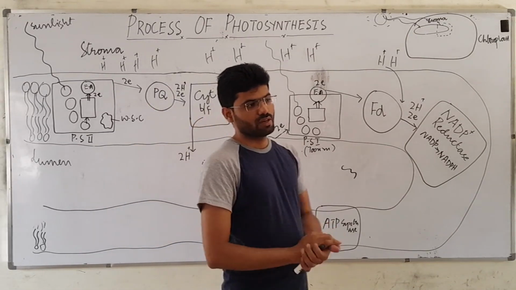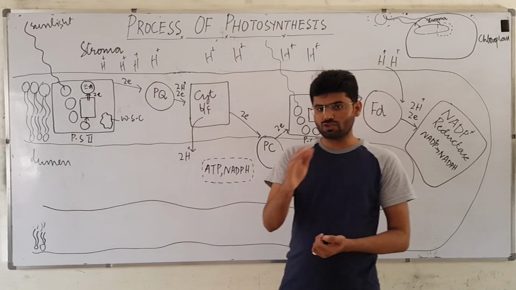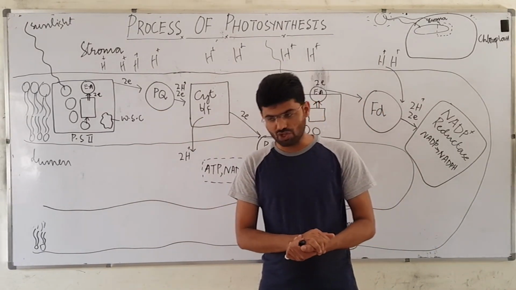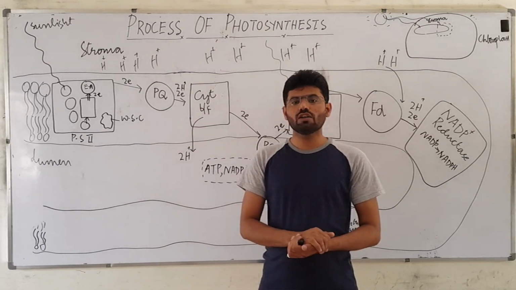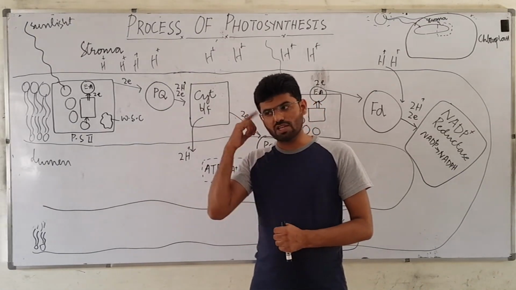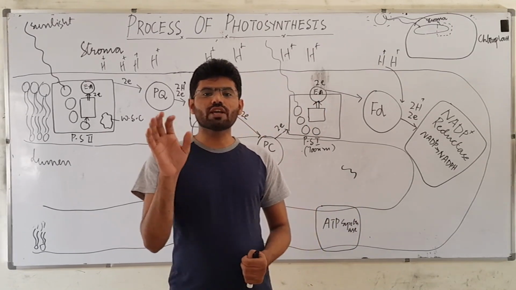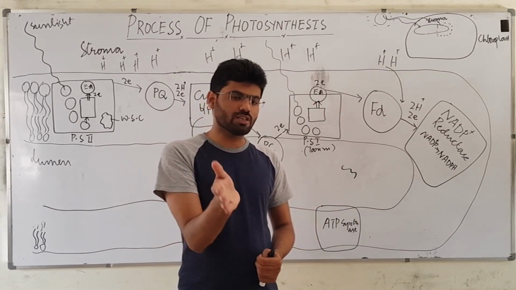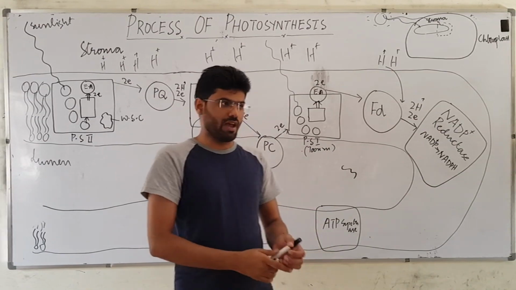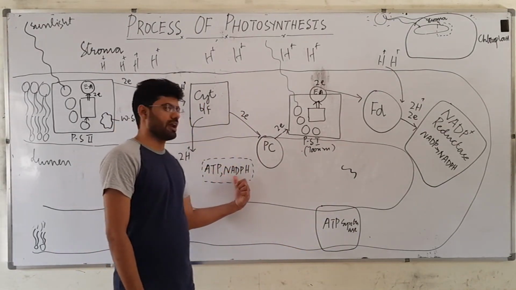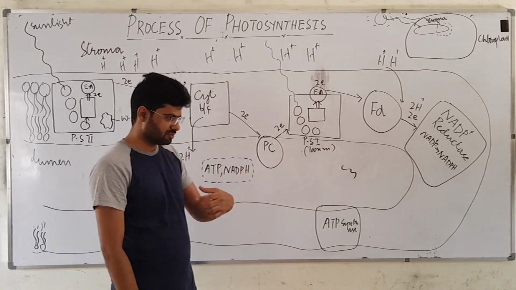The main things that will happen during the light dependent reactions are two. The first one is called the electron transfer chain or the electron transport chain. The second thing is the formation of ATP, because in this chemical reaction we are converting solar energy into chemical energy, and the chemical energy is called ATP and NADPH.